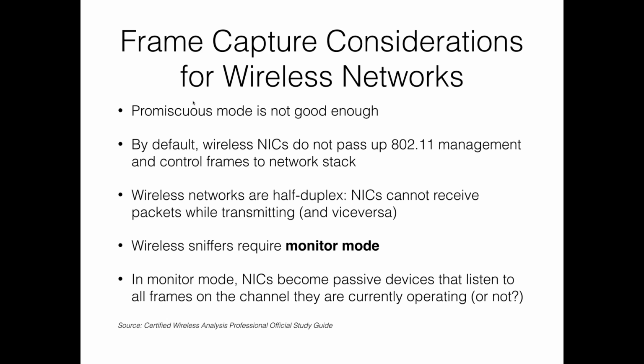So in monitor mode, the NICs become passive devices that listen to all frames on the channel they are currently operating. Although this is not entirely true, we will see later why. In Linux, some drivers support monitor mode, others don't. Same for Windows. In Mac, the built-in Wi-Fi card supports monitor mode out of the box, which is very nice.